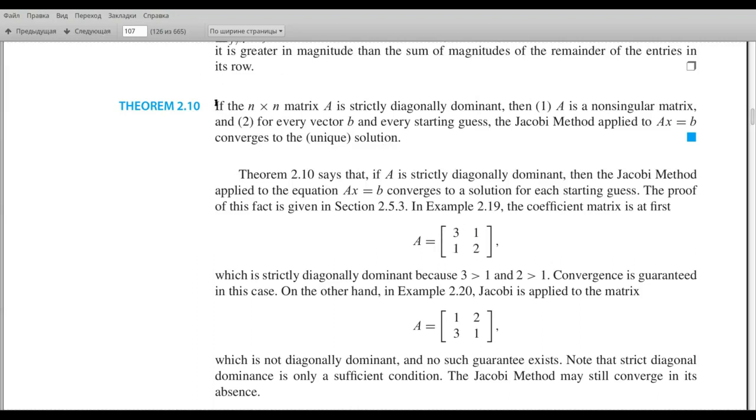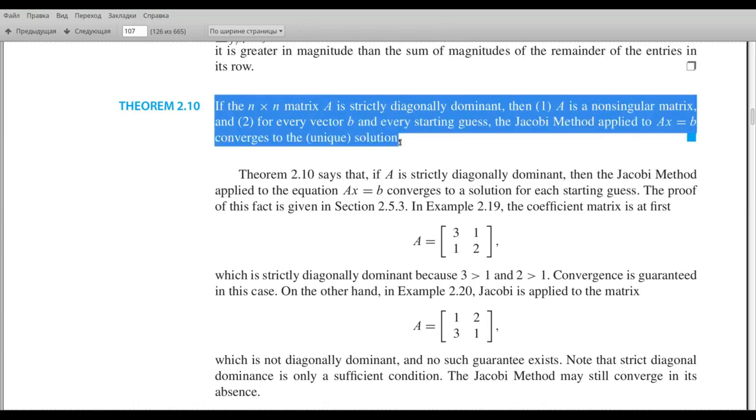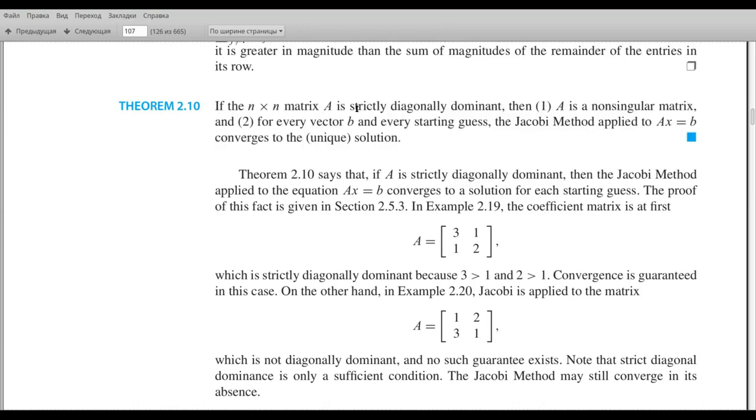And for such a situation, we have this theorem, which says that if an n by n matrix A is strictly diagonally dominant, then A is first of all non-singular, which means that a solution exists and is unique for such a system of linear equations. And for every vector B, for every starting guess, so it doesn't matter where you start from, the Jacobi method applied to this converges to the unique solution.